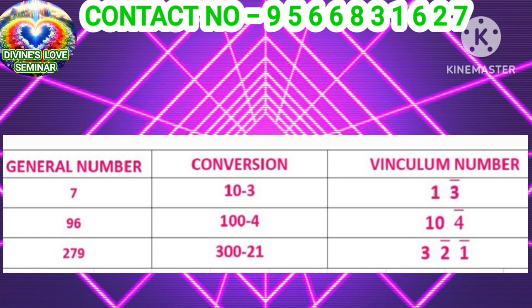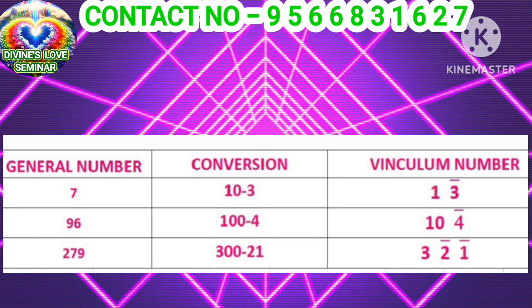Second number, 96. How will the conversion be? We have to subtract from 100. 100 minus 4 is 96. Here in vinculum we have to add: 100 plus 4 is 104.